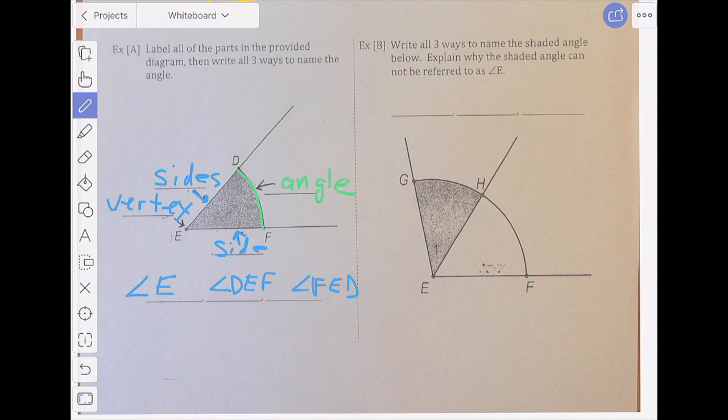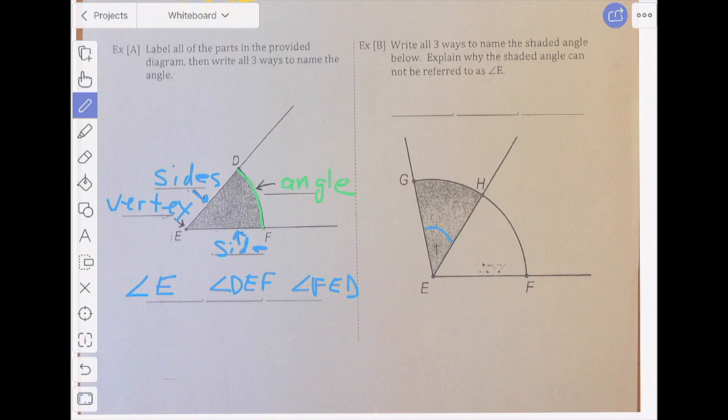For example B, it says to write all three ways to name the shaded angle. So the angle that's shaded right here can be labeled with, can you do it with just one letter?